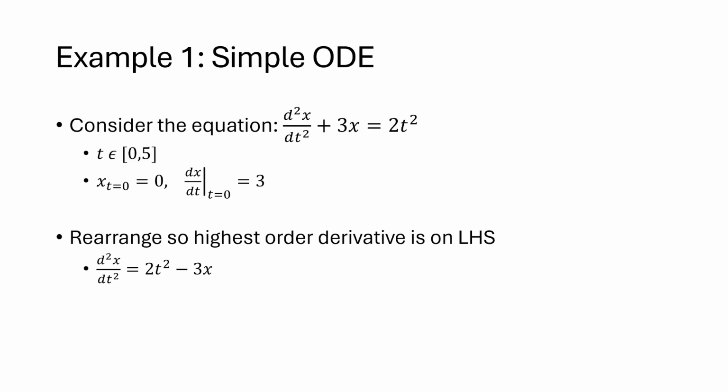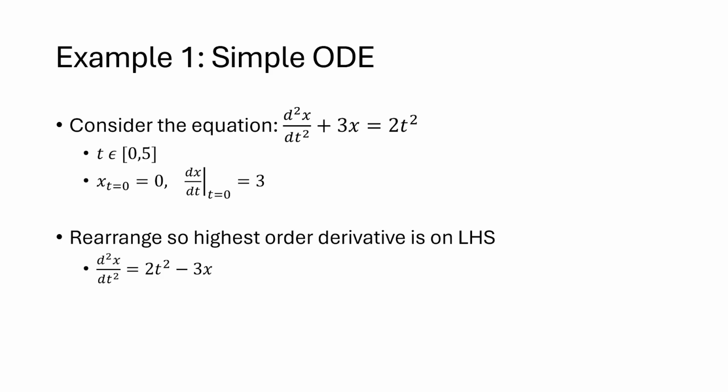The best way to learn about this function is to use a simple example. Let's use a differential equation that might not be very fun to solve by hand, if it's even possible to. I haven't tried, and I don't really want to. We have d2x by dt squared plus 3x equals 2t squared, and we're going to consider the time interval from 0 to 5.